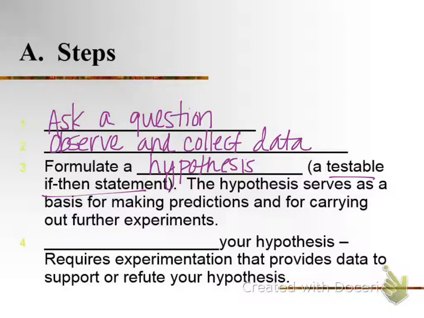Once you have your hypothesis, then you will test your hypothesis, okay, in the form of doing your experimentation or data collecting, depending on what kind of hypothesis you have. Okay? Once you have tested your hypothesis and it proves to be true, then you go on to the next phase. However, if you test your hypothesis and it does not prove to be true, what do you have to do?